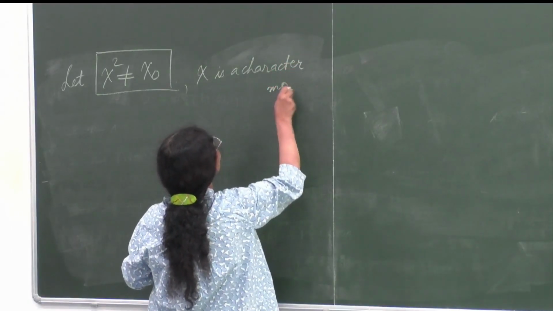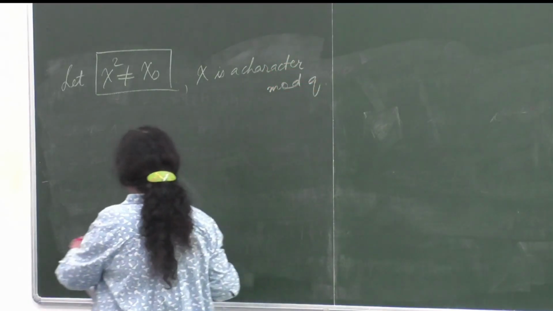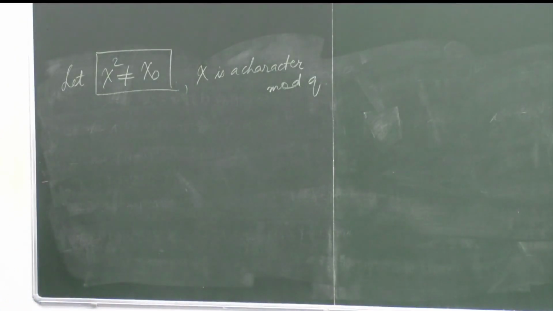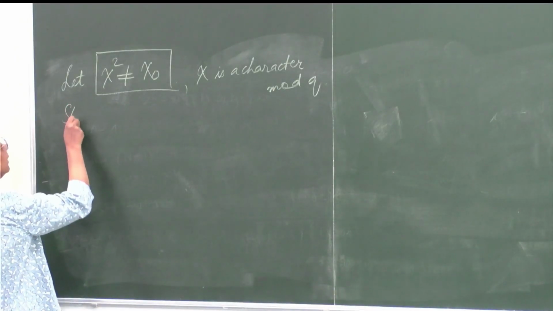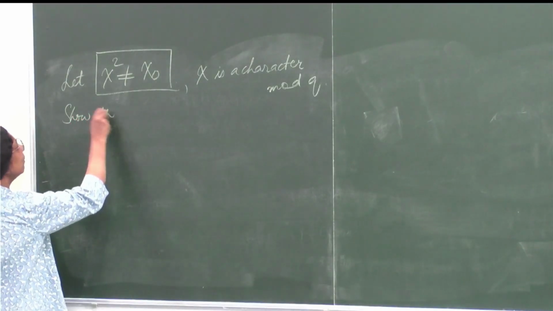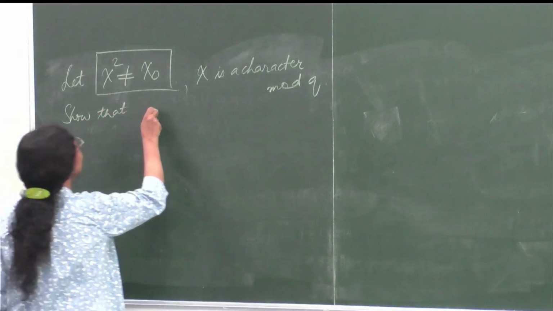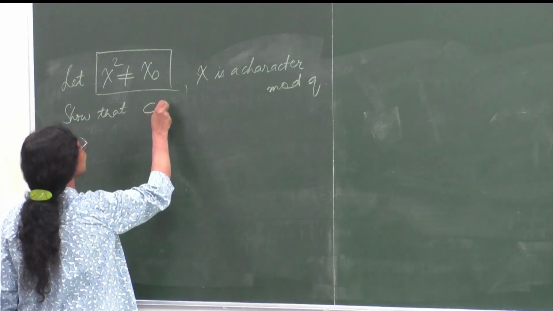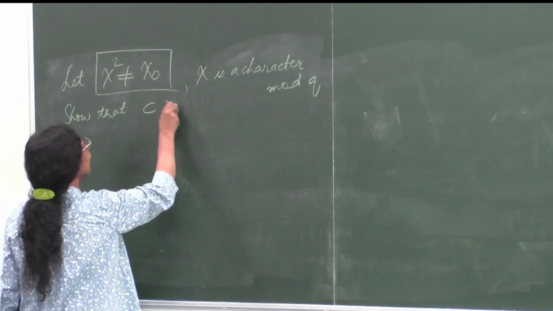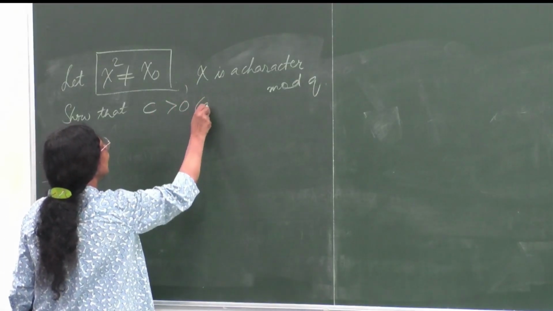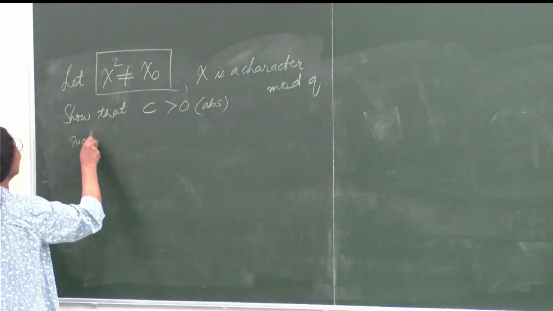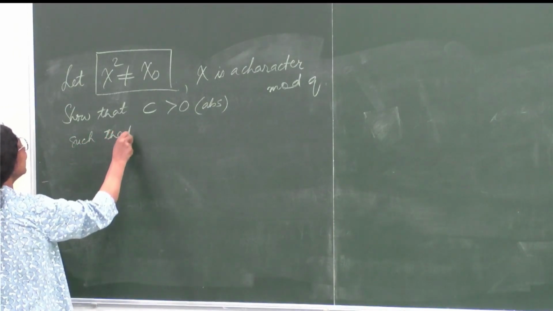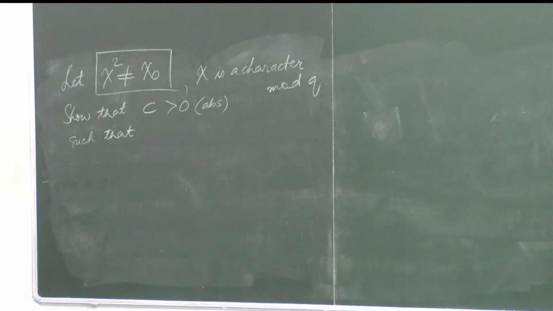Q. And our aim is to show that we can find an absolute positive constant C greater than 0, such that, what is the statement?